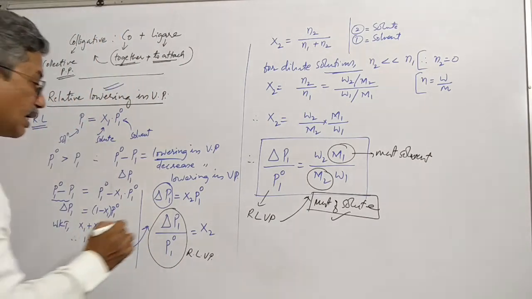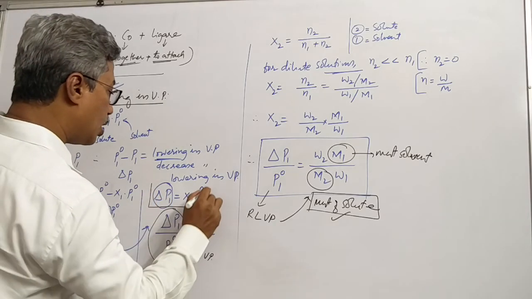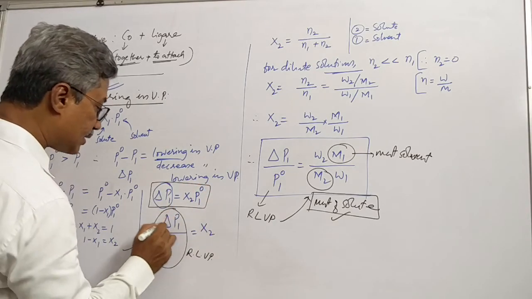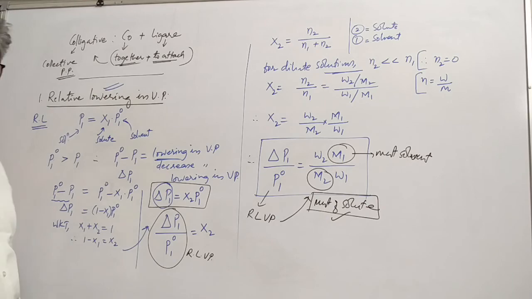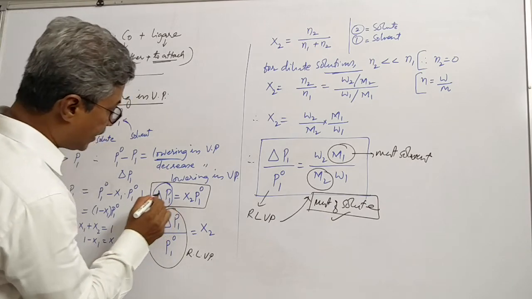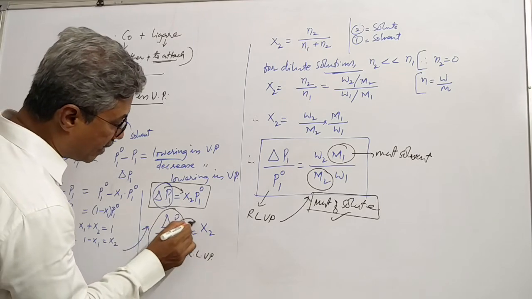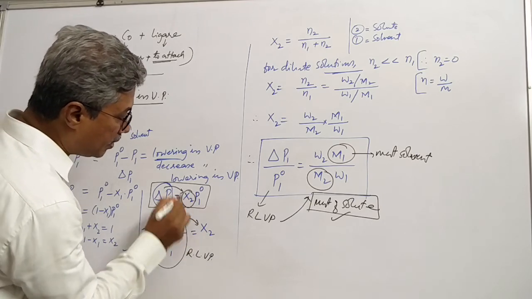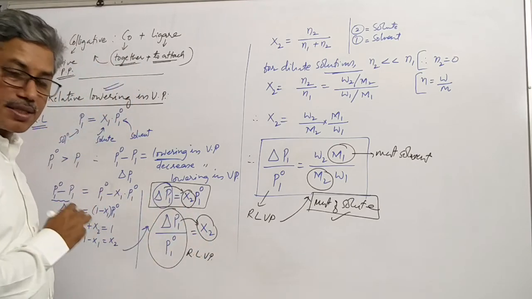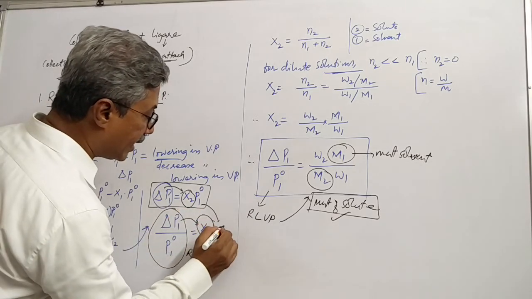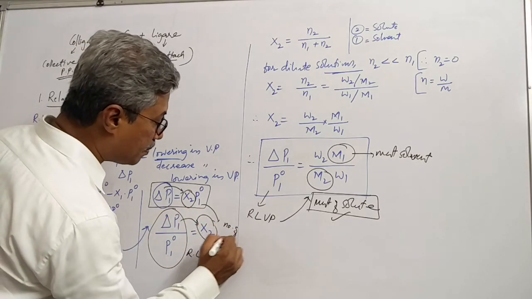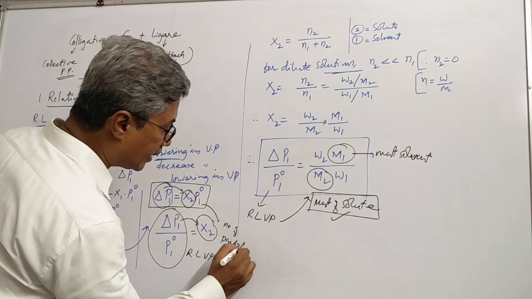Remember, students, this is lowering in vapor pressure and this is relative lowering in vapor pressure. And see here, whether it is lowering in vapor pressure or relative lowering in vapor pressure, both depend on mole fractions. Mole fractions ultimately lead to number of particles only. Clear, students?